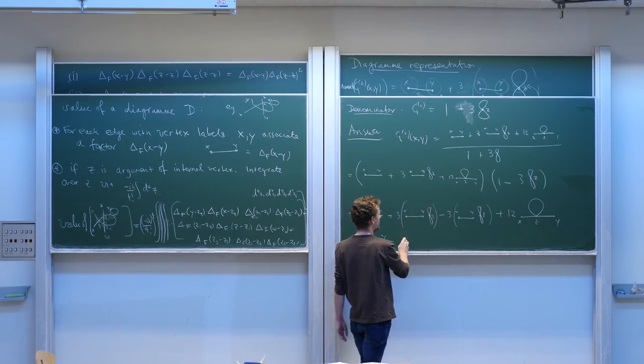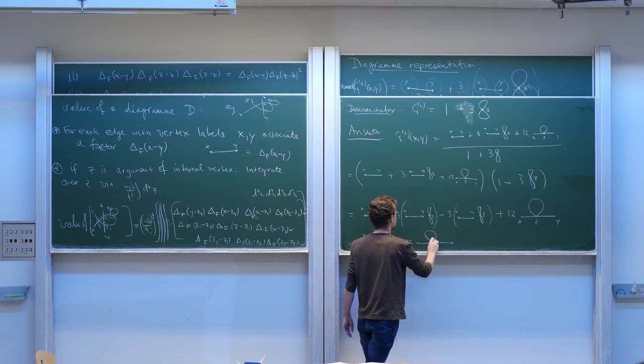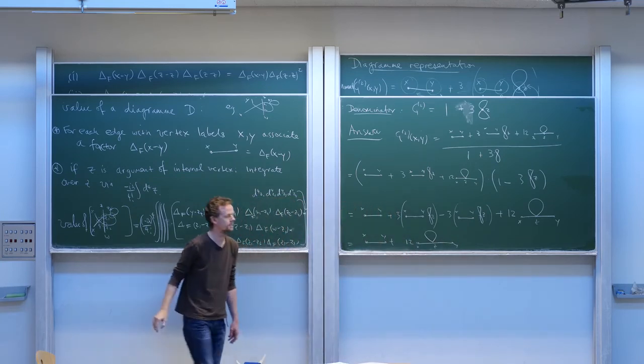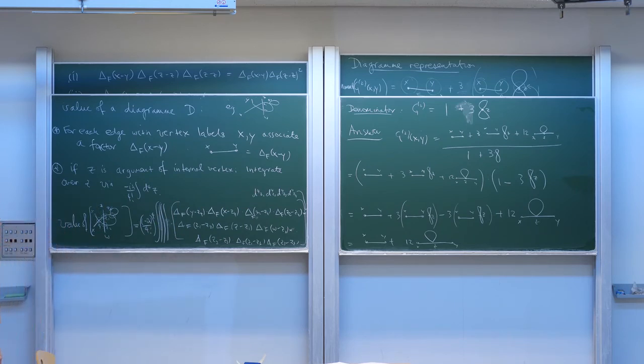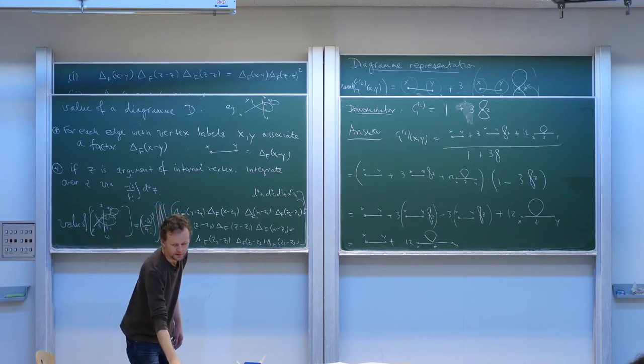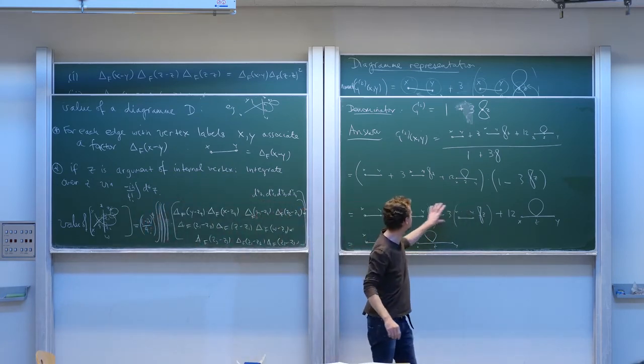So to order lambda, this is what we get. Very interesting. Is it a miracle that this guy cancelled exactly against this guy?